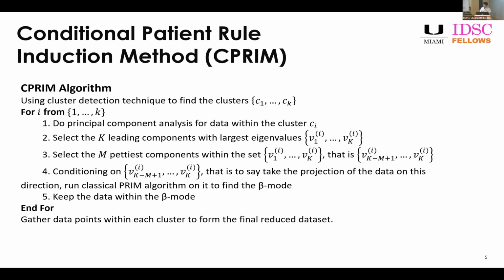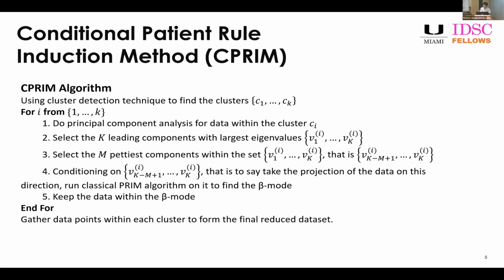So technically, if you can see my mouse, here is the final eigenvector we use in this algorithm. When you're coding it may be just one step, but conceptually there are two steps. The first step is to condition on this selected eigenvector's direction.